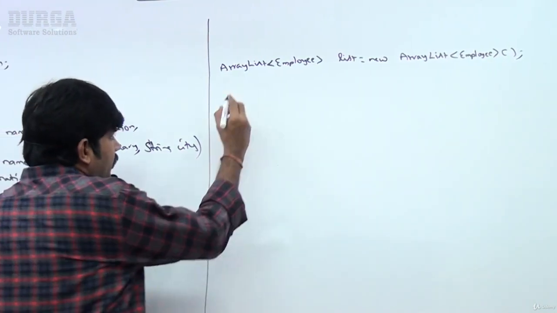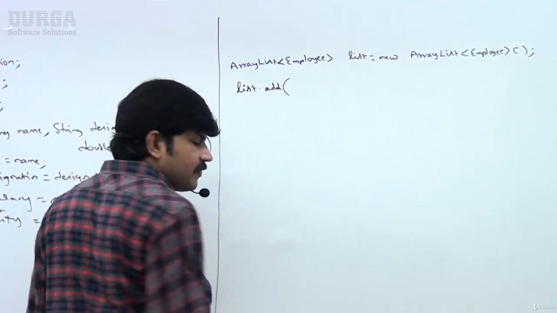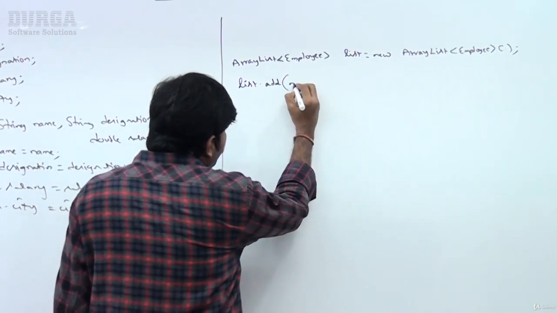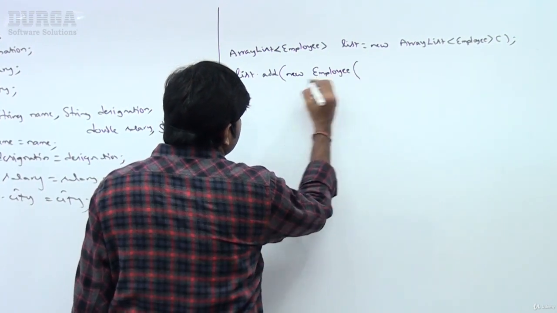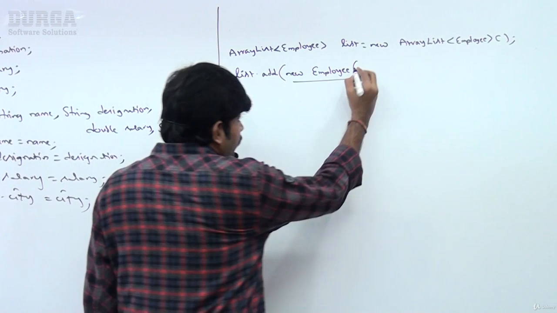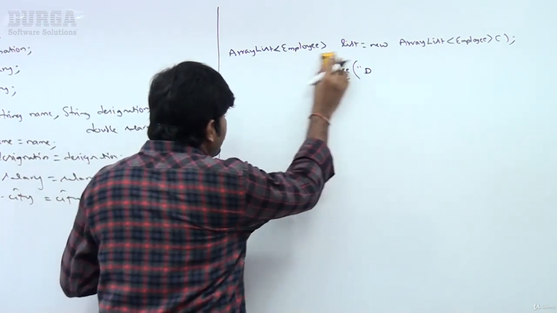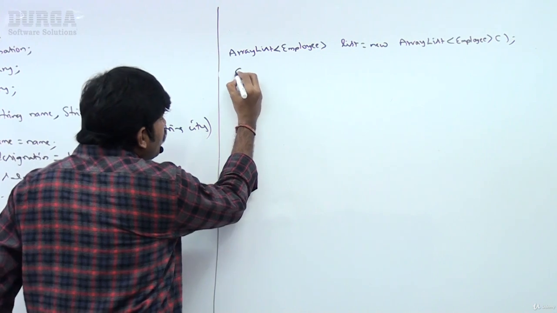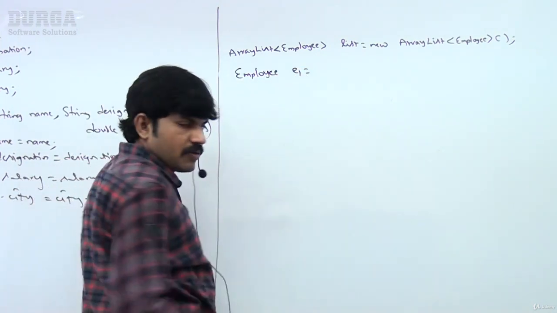Now my requirement is list.add of a new Employee. I'm creating an Employee object. Observe very carefully. Because we are at the very beginning, let me create the employee objects individually.